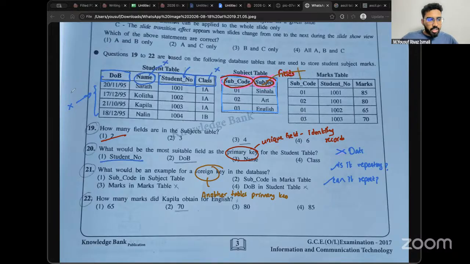Okay. Now in the students table, we already found the primary key. In the students table, the primary key is student number. This is the unique field we have. But if two students join on the same day, are we talking about the date of admission here?